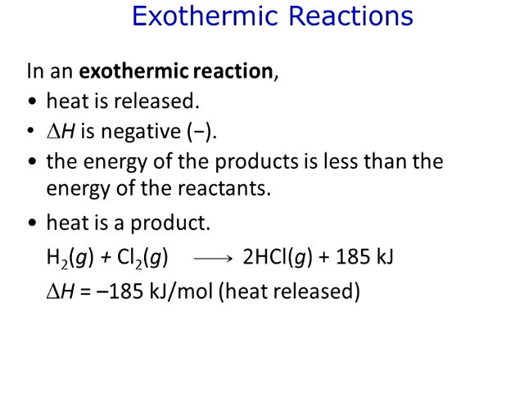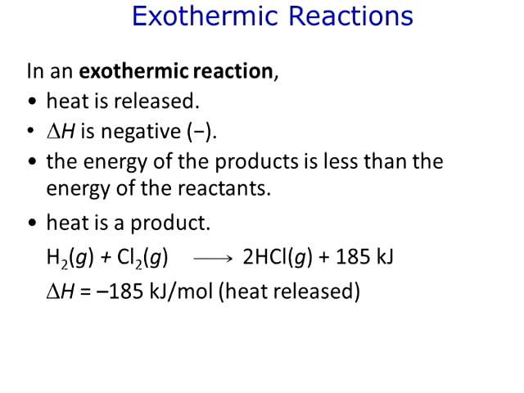So let's summarize what we know about an exothermic reaction. In an exothermic reaction, heat is released. Delta H is negative. The energy of the products is less than the energy of the reactants.